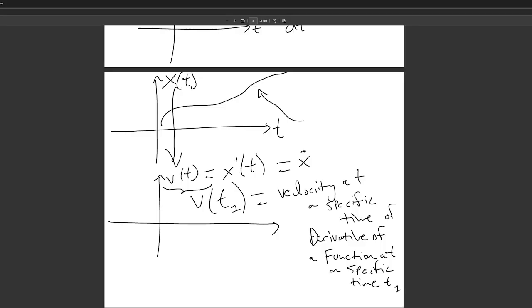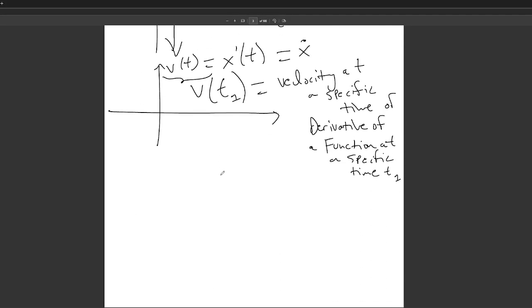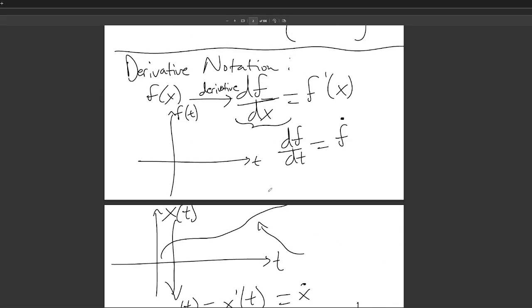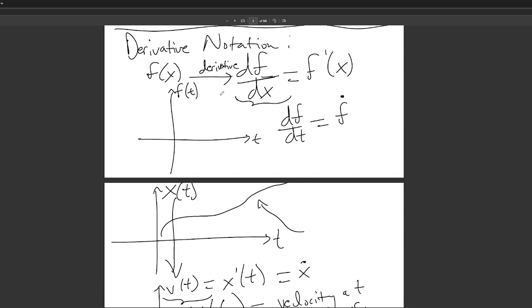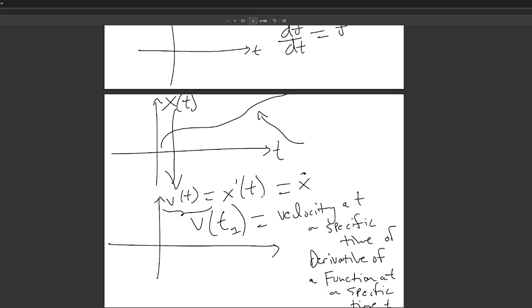Okay? And of course, your independent variable can be anything you want it to be. So if I just ask you to evaluate the derivative at a specific point, the process is you take your function, you differentiate it, and then plug in that point that I ask you to find the derivative at. It's quite straightforward.